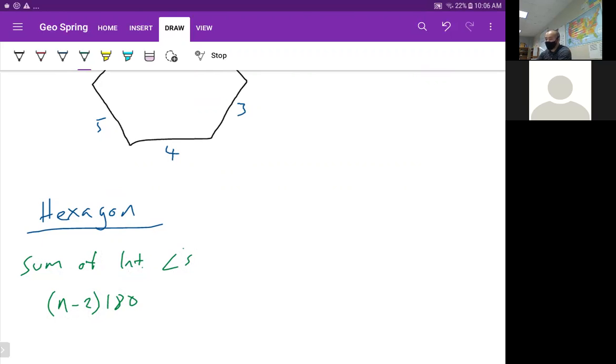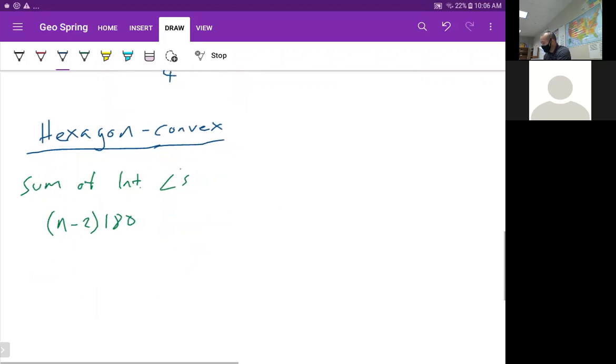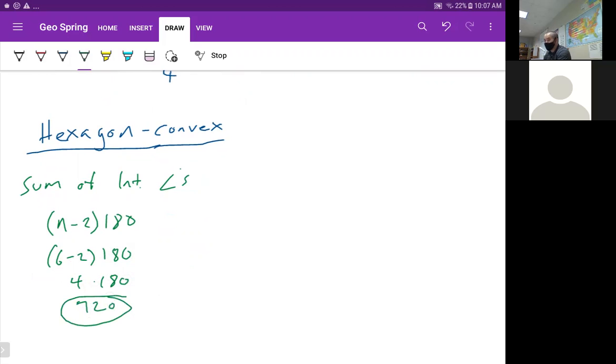This is a hexagon and it is convex. Next it asks you to do the interior angle sum, that's this green part. n is 6, so 6 sides minus 2 times 180. That's 4 times 180, which is 720. That's the sum of interior angles.